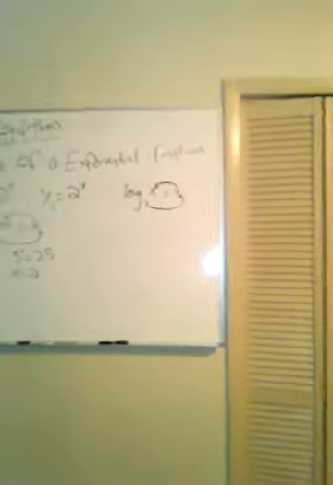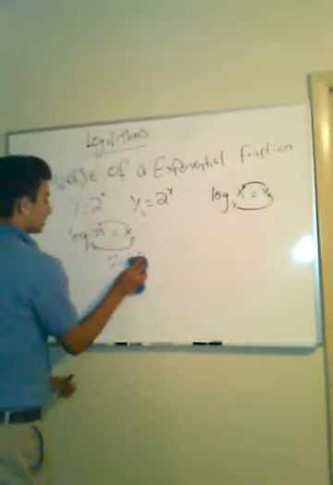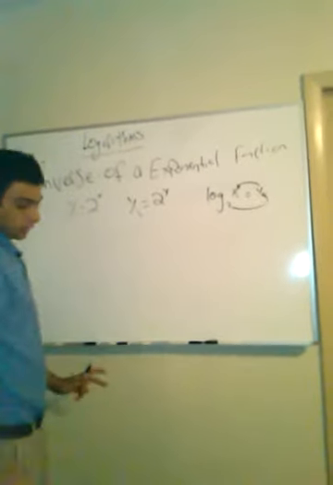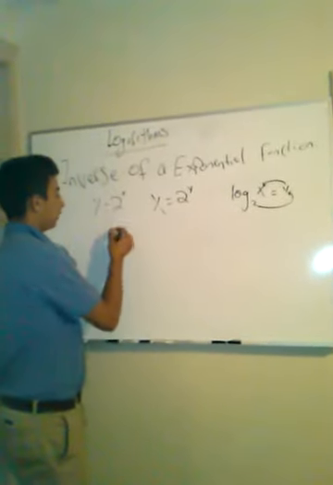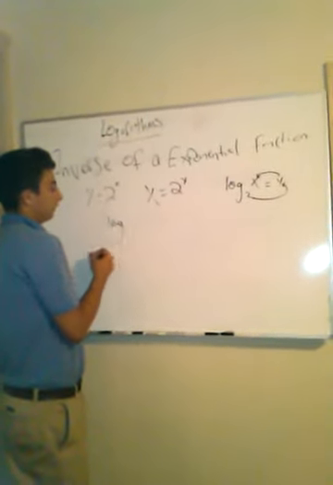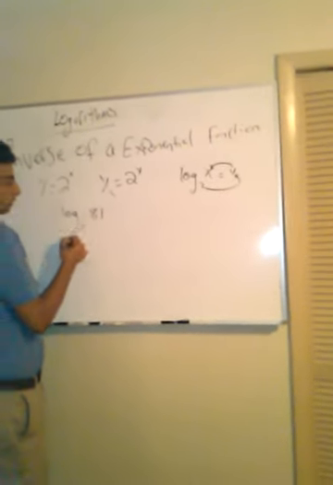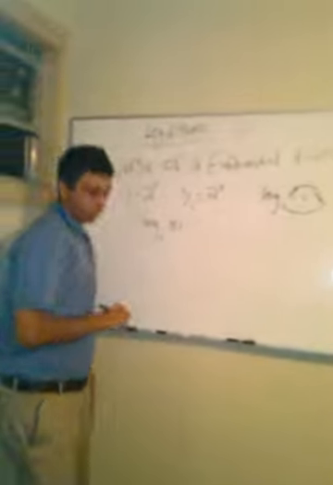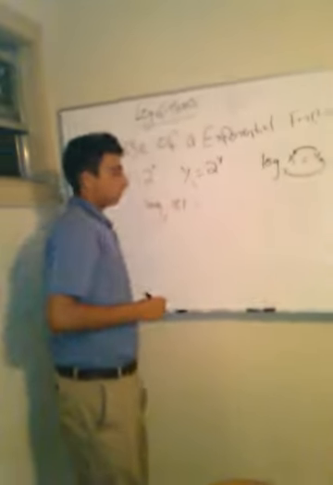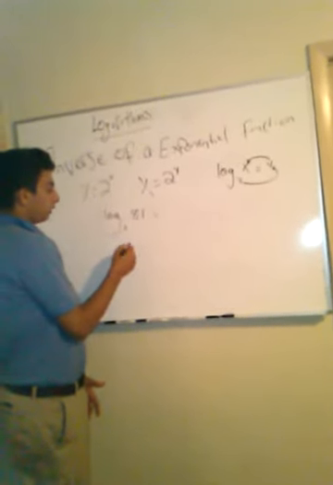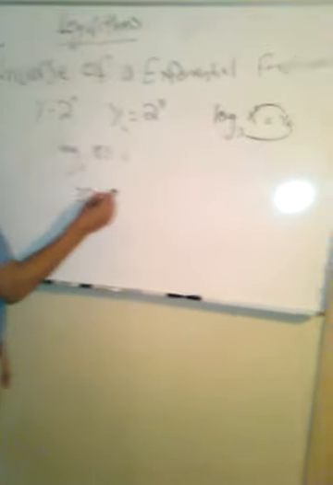Let's do some other examples. We can put log of 81 in the base of 3. Alright, so this question is basically asking 3 to the power of x equals 81.